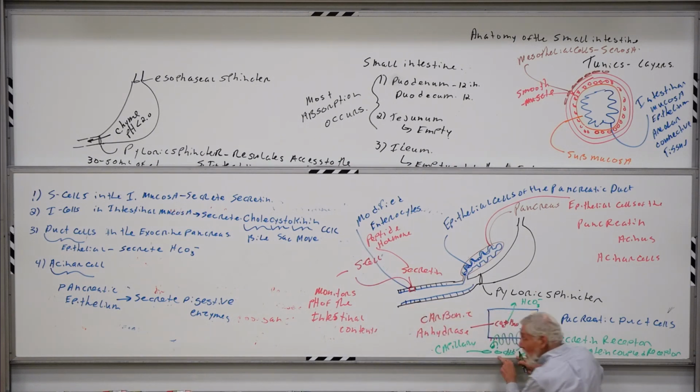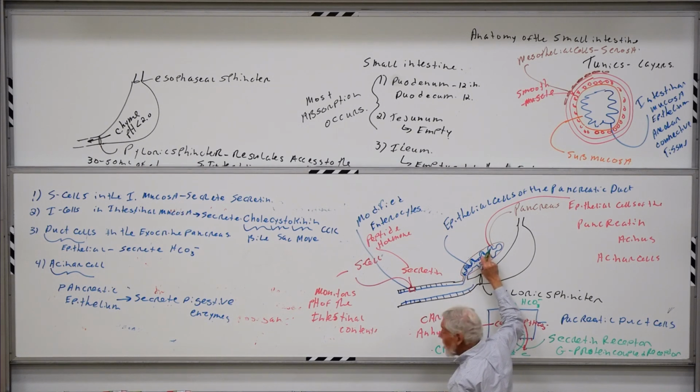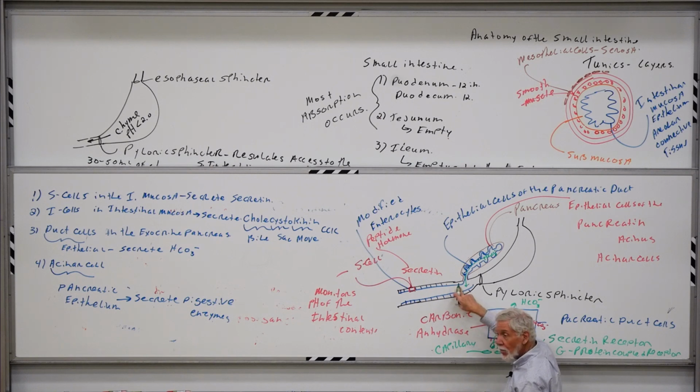So the same blood vascular system that's delivering the secretin is now going to take up the hydrogen ion. Meanwhile, the bicarbonate is being released from the apical surface. And remember, the apical surface is facing the inside of the tube of the pancreas. So that means the HCO3 negative is now free to move down through the pancreas and into the small intestine.